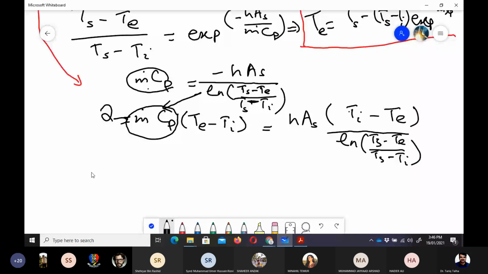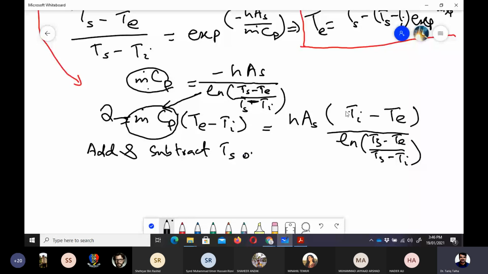Now, if we do a little bit of manipulation, that is, add Ts and subtract Ts on the denominator.